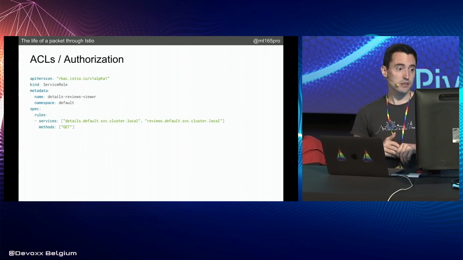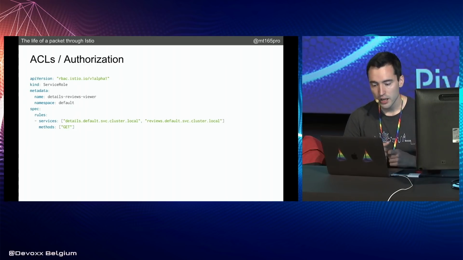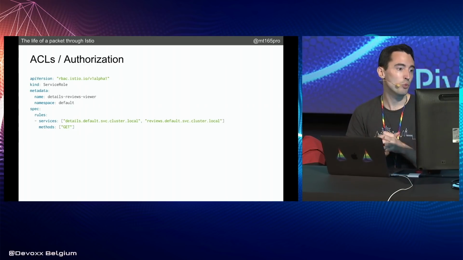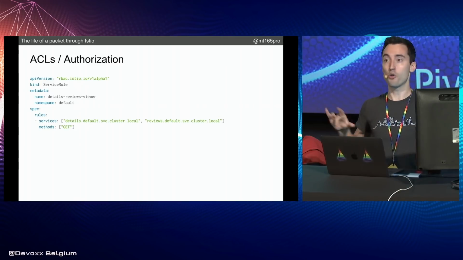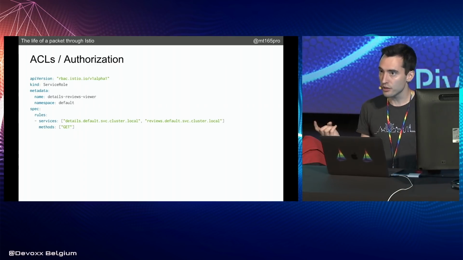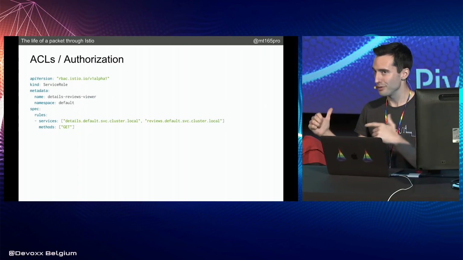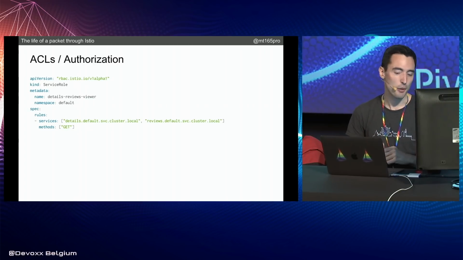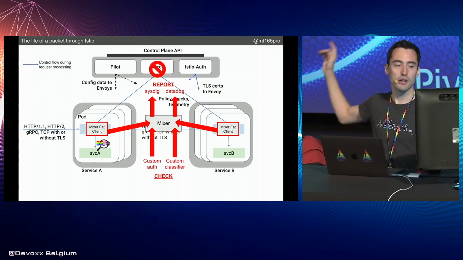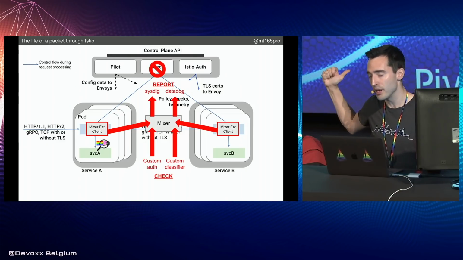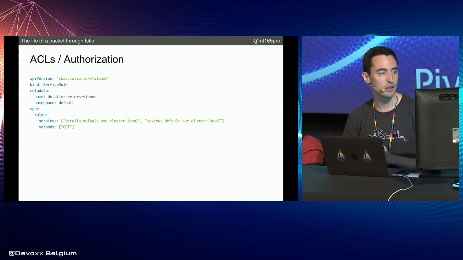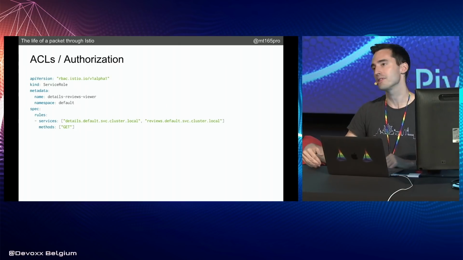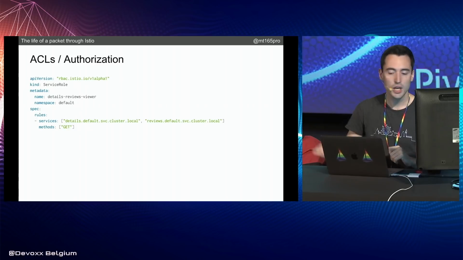So what can we do with Mixer? For example, we can do service-to-service authorization, right? Authentication, identifying who those services are, that's something we'll come on to when we talk about MTLS. But assuming that the call is going from service A to service B, so assuming it's authenticated like that, then you can do an authorization to say, well, is service A allowed to talk to service B or not?